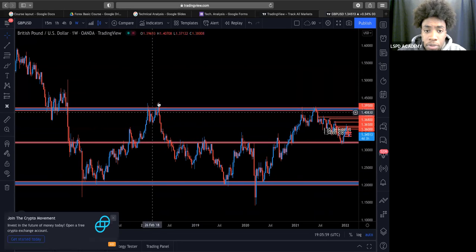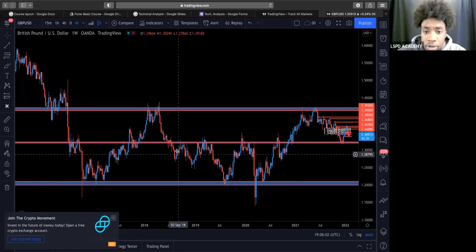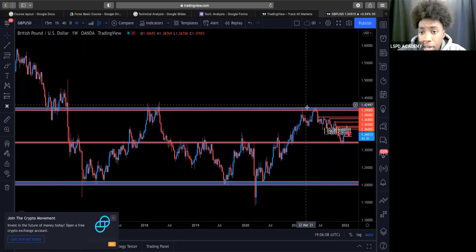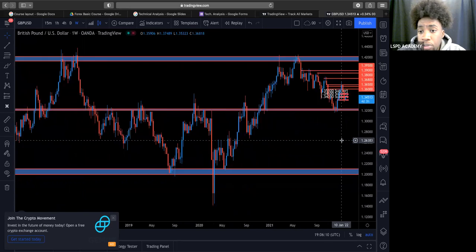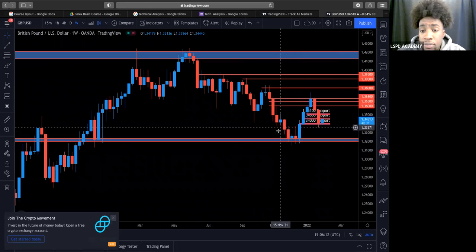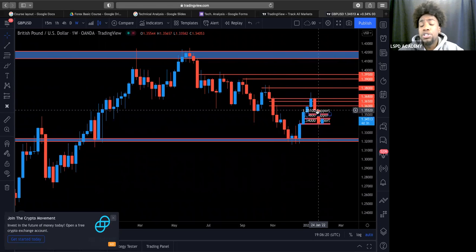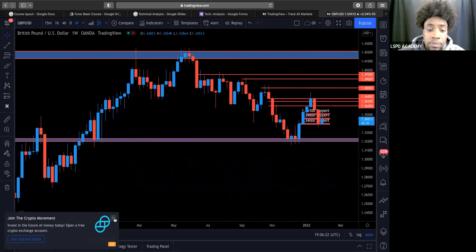Came up here, created another resistance level, broke back below, made a resistance, bounces above this resistance, but we see it retests this same resistance now. So this previous resistance became support, and we see price did reject from this level to the upside.